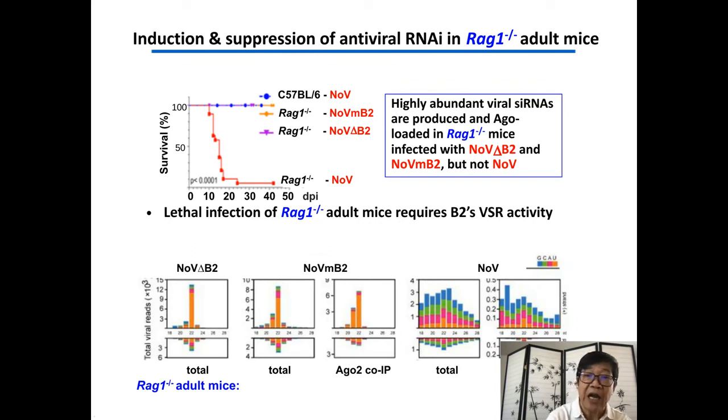Sequencing the small RNA from the infected RAG1 mice shows that infection by either mutant virus induces abundant viral siRNA and their loading into Ago2, but not in adult mice infected by wild-type Notomira virus. So these results show that antiviral protection by RNAi is not inhibited by active signaling of interferons in RAG1 adult mice.